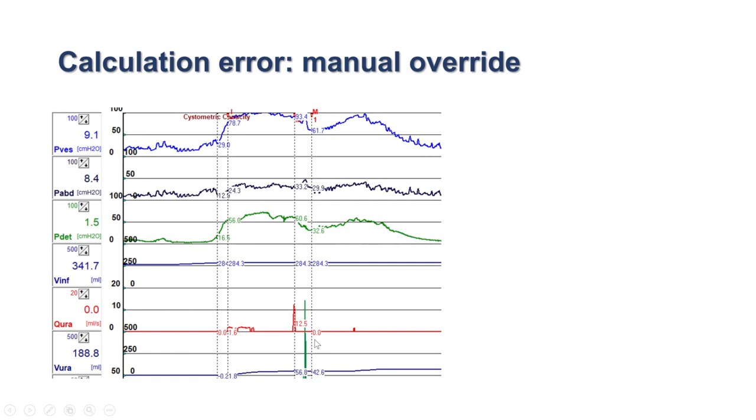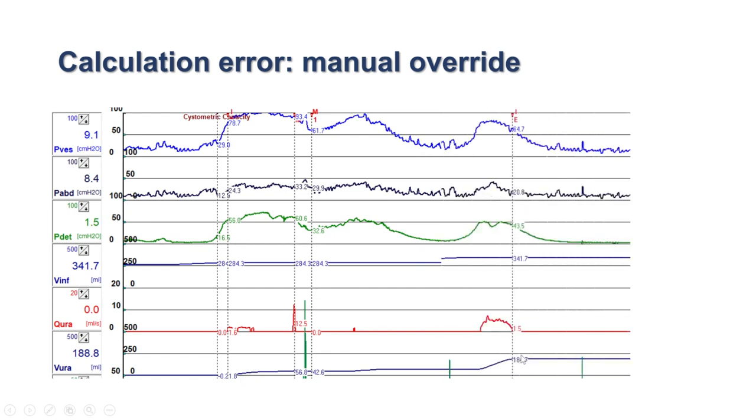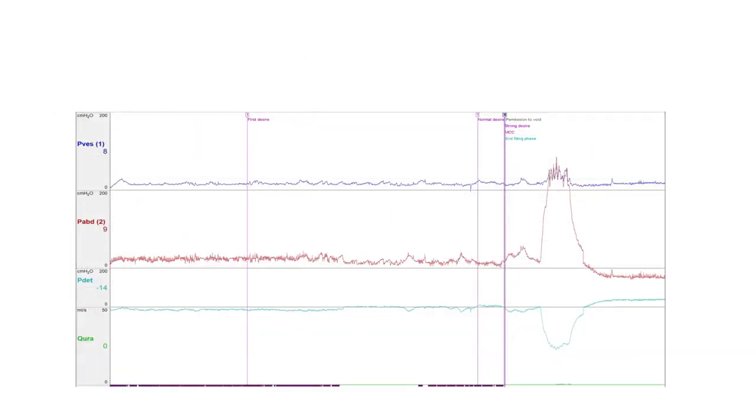Unfortunately, the computer did not take it as an artifact, and it measured the Qmax and the PDET Qmax based on the artifact. So here we have to be mindful and do it manually. And actually, in this situation, now this is the normal. This is the actual where we should be measuring the PDETs and corresponding flows.